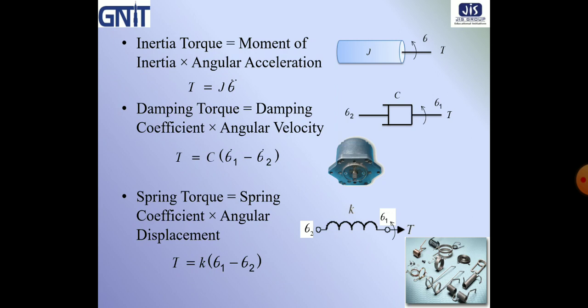Next is the spring. Spring torque will be the spring coefficient into the angular displacement between the two ends of the spring. So T is equal to small k into theta 1 minus theta 2, where theta is the angular displacement.